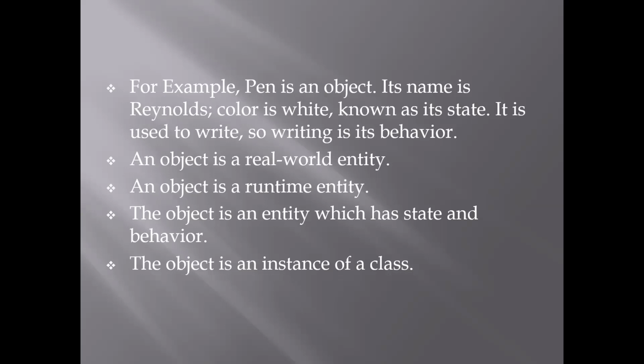What else? An object is a real world entity. It's a runtime entity, and we will see this later. We just mentioned that an object is an entity that has a state and behavior, and an object is an instance of a class. So far, so good. Do you have any questions?